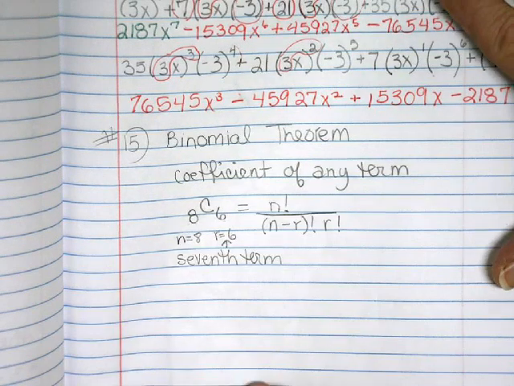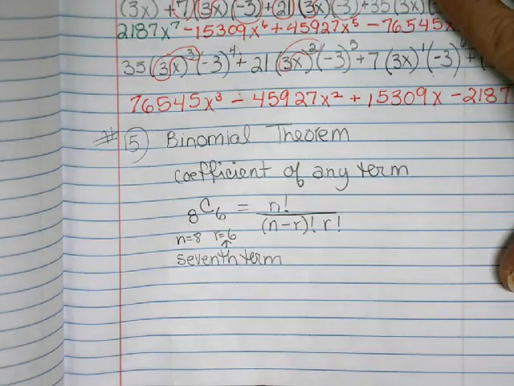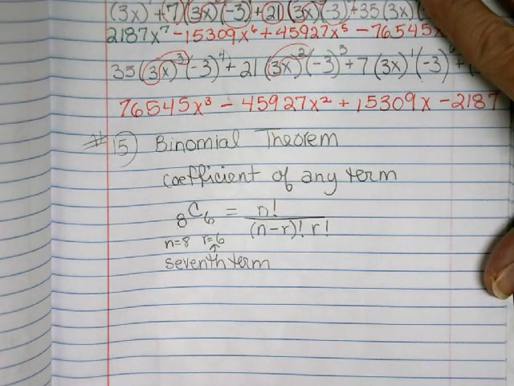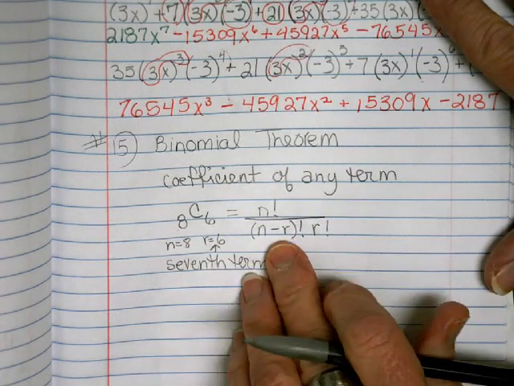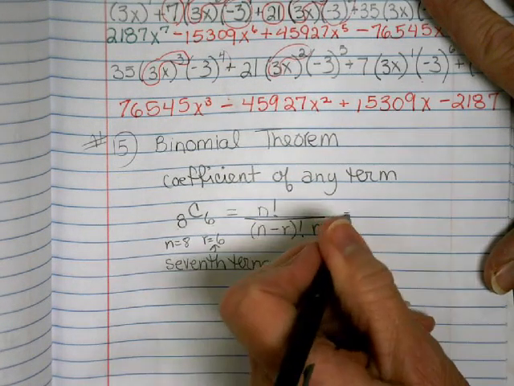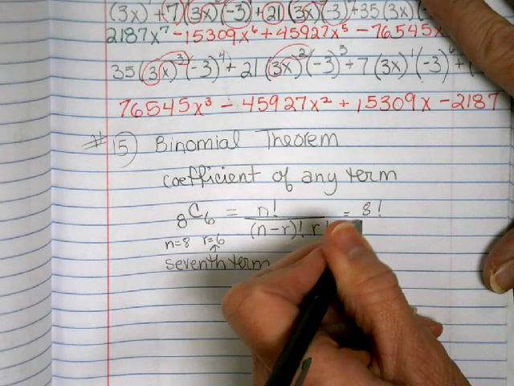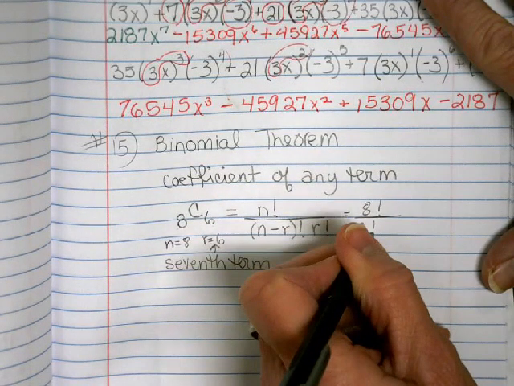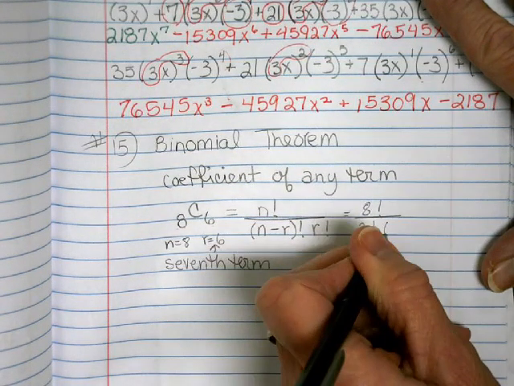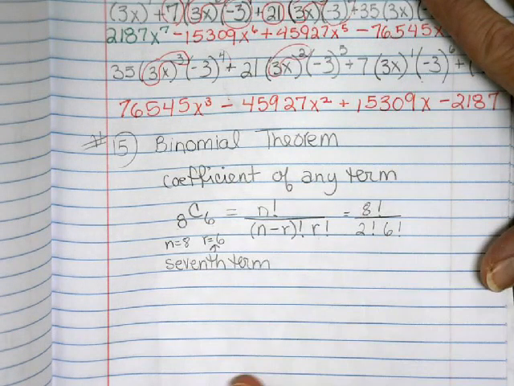Right now it's a lot of letters, and I wonder where it came from. Well, instead of building our little triangle, they just plug and chug in this formula. So 8 factorial over 8 minus 6, which is 2 factorial, and 6 factorial.